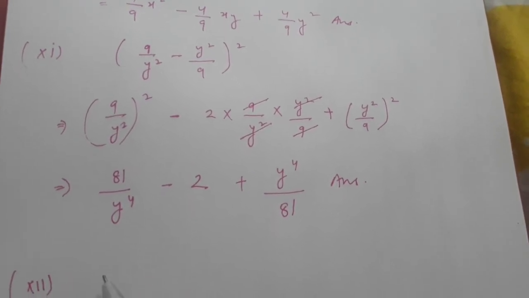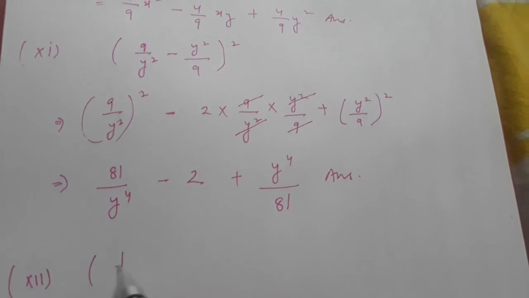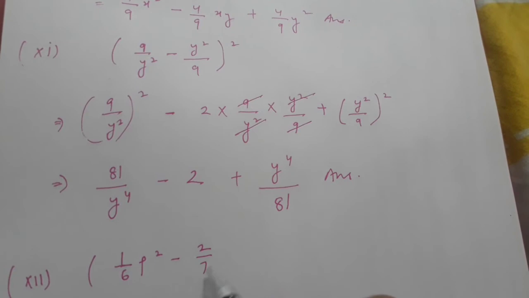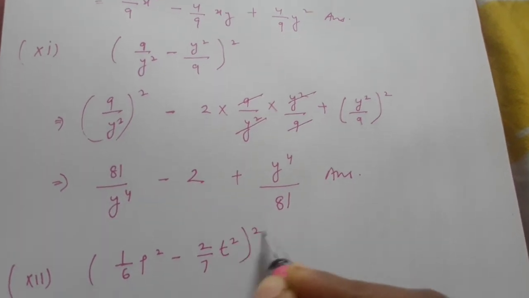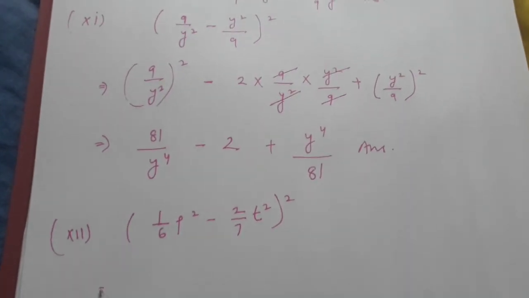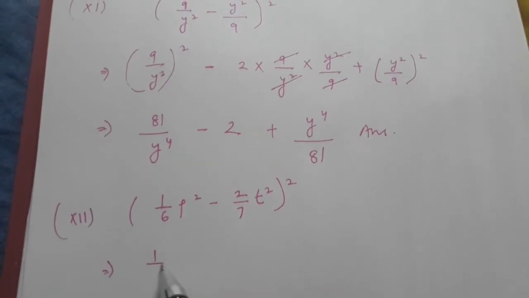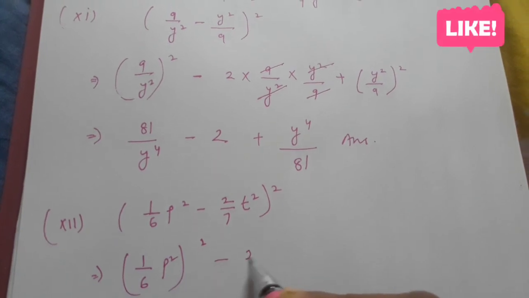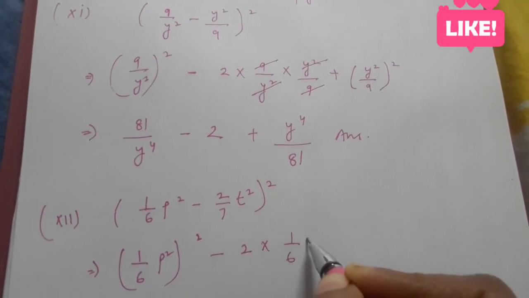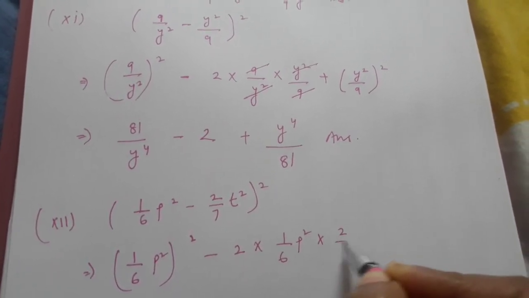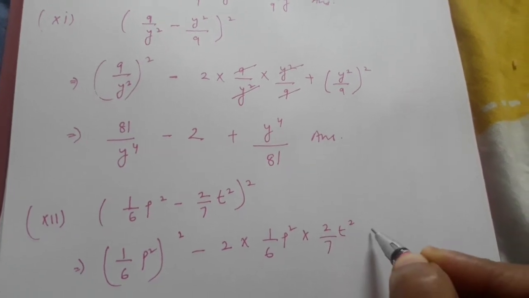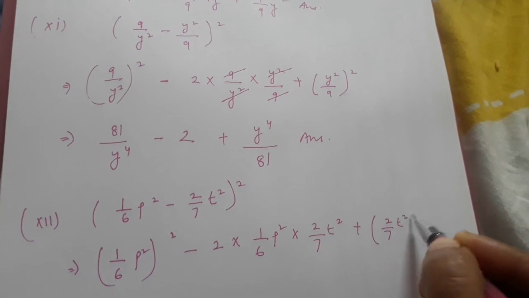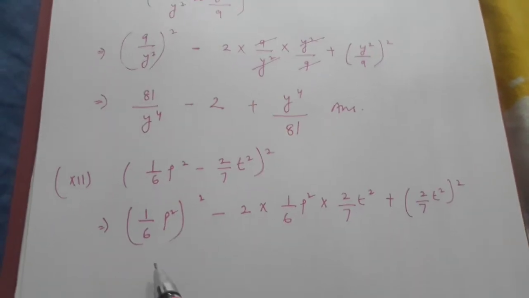which is given as (1/6 p² − 2/7 t²)². So according to the identity, a² means (1/6 p²)² minus 2 into 1/6 p² into 2/7 t² plus (2/7 t²)².